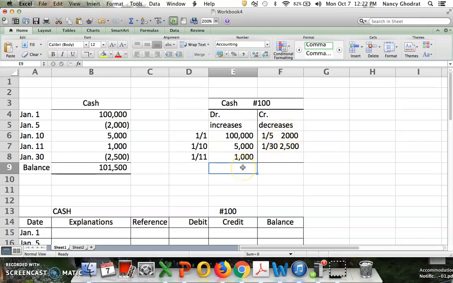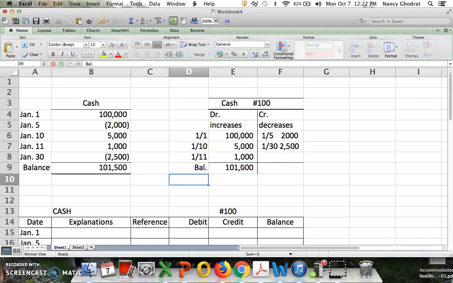And therefore, we come up with the balance of 101,500. And we write down the balance on the side that is larger. Since the positive numbers were larger than the negative, the balance shows up on the increase side, the debit side.